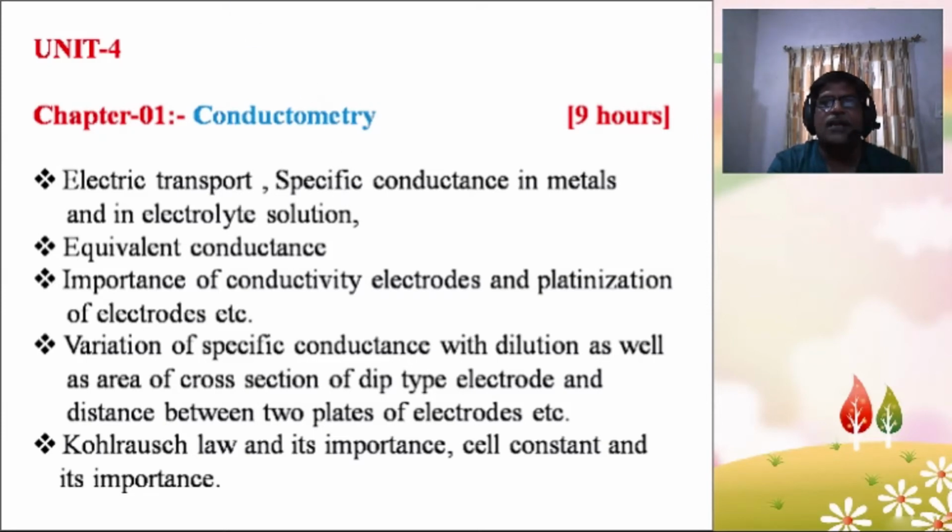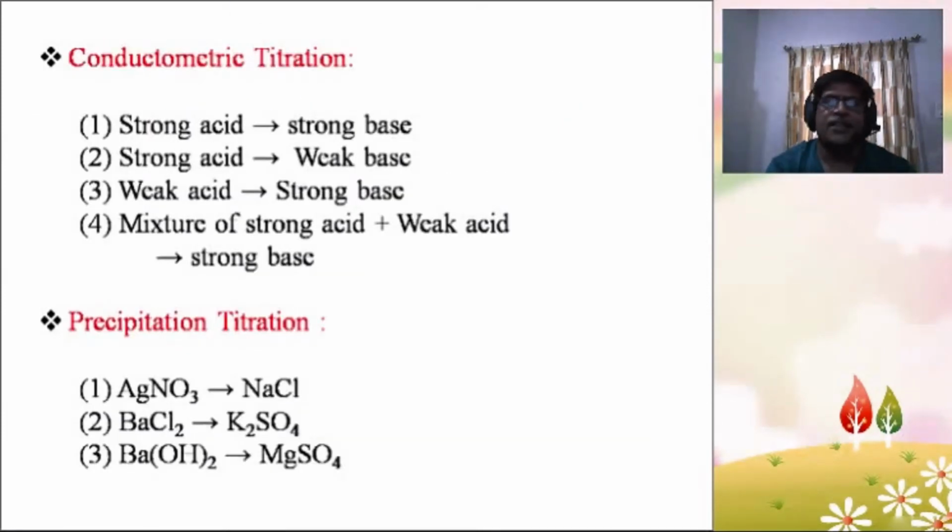In conductometric titration, the student will be able to learn strong acid versus strong base, strong acid versus weak base, weak acid versus strong base, and mixture of strong acid and weak acid versus strong base. Another is precipitation titration: AgNO3 versus NaCl, BaCl2 versus potassium sulfate, barium hydroxide versus MgSO4.